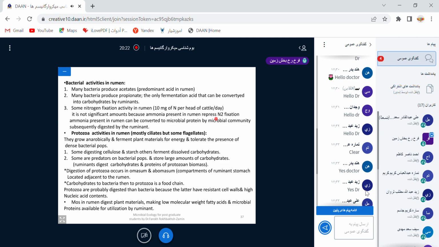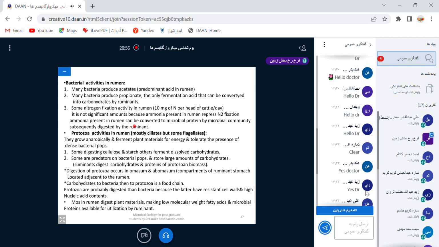So there are some proteins in the plants, and bacteria by use of those proteins produce ammonia, and ammonia represses nitrogen fixation. So whatever is fixed is in a very small quantity.